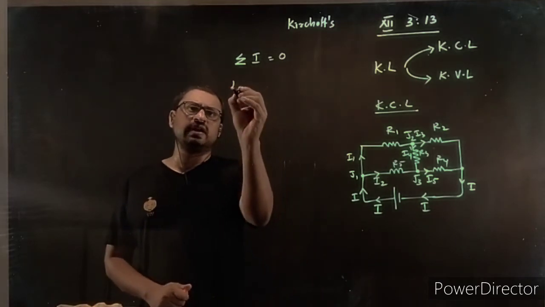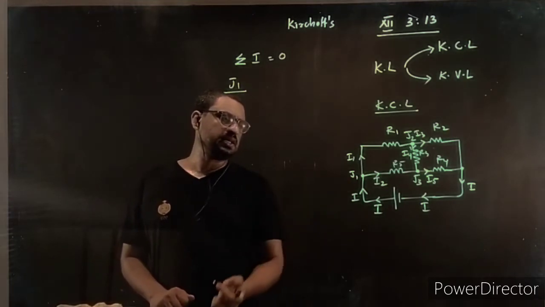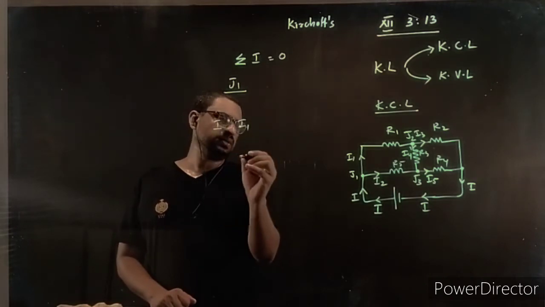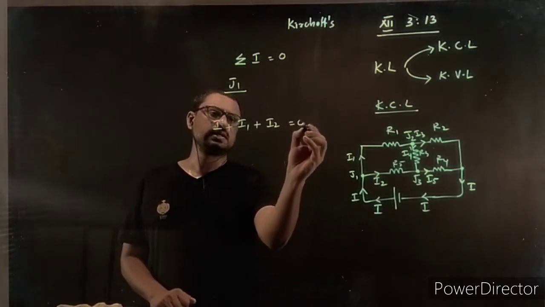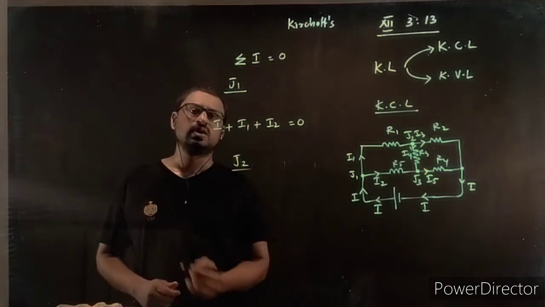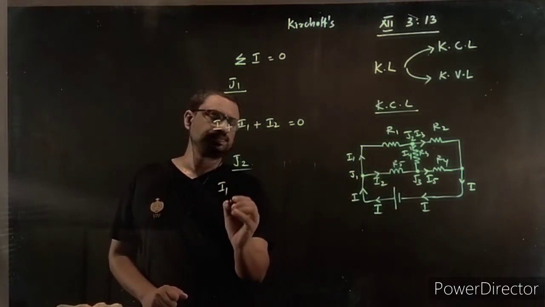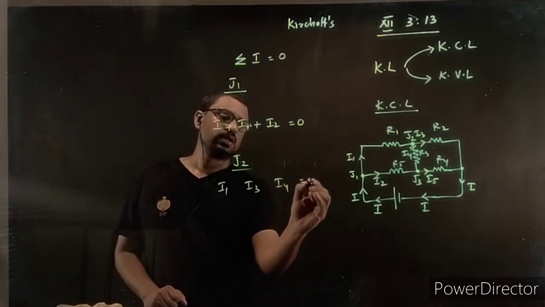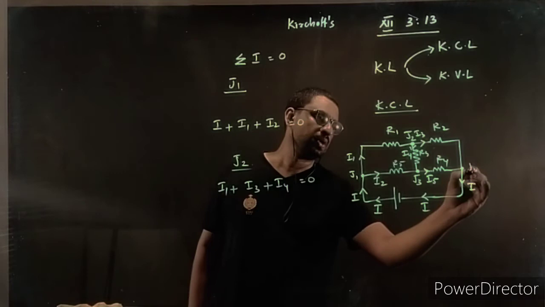So if you take a junction J1, you apply algebraic sum of current equal to 0. The currents at junction J1 are I, I1, I2, and the sum equals 0. At junction J2, the currents are I1, I3 and I4, and the sum of current at this junction is equal to 0.